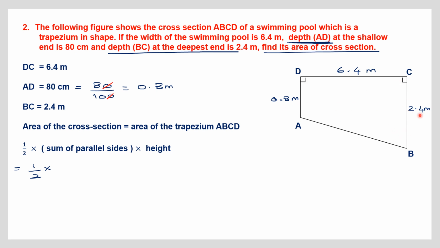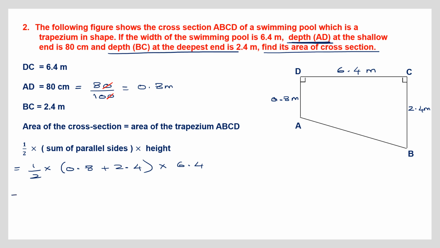These are parallel sides. So we can add up these two. So that will be 0.8 meters plus 2.4 meters into the height, and the height is the distance between the two parallel sides. These are two parallel sides. The distance is the height, and that is the width, which is 6.4 meters.